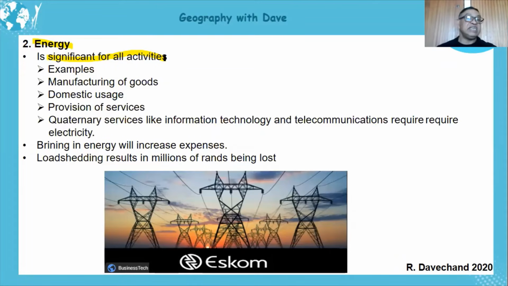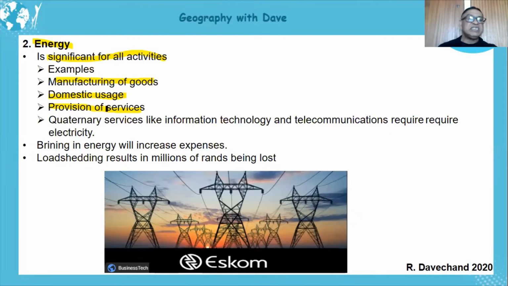It's needed, for example, for manufacture of goods, even for your domestic use, which will make people more comfortable. You understand, having electricity, they're more productive, right? Provision of services, any service, you understand, will need it. Any business will need it.